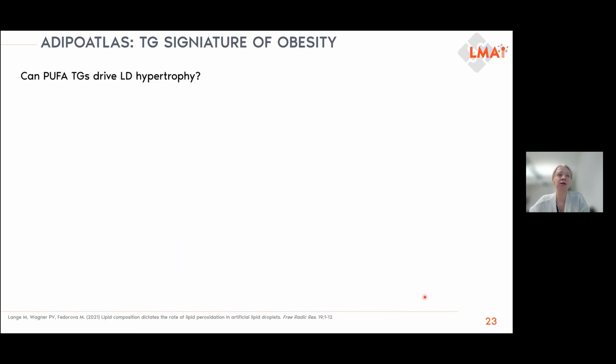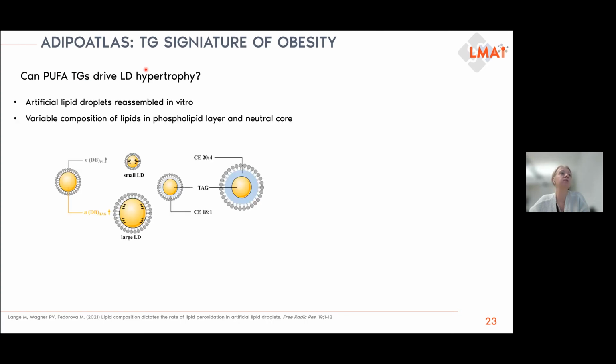So we checked it in different ways. Can PUFA TG drive lipid droplet hypertrophy? For that purpose, Mike performed an experiment in which he designed artificial lipid droplets, resembling them in vitro. In these artificial droplets, we can modulate the composition of the phospholipid monolayer, but also the composition of the neutral lipid core.